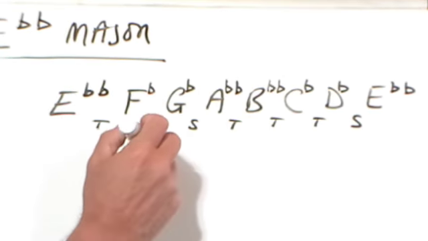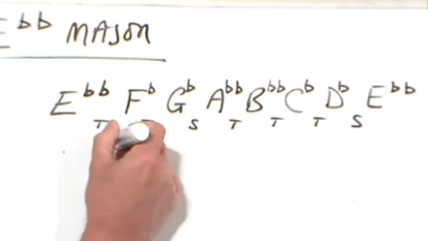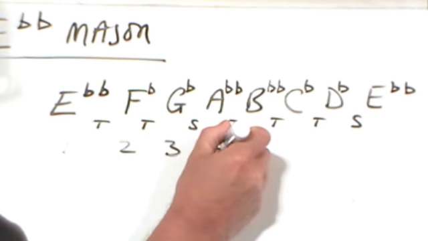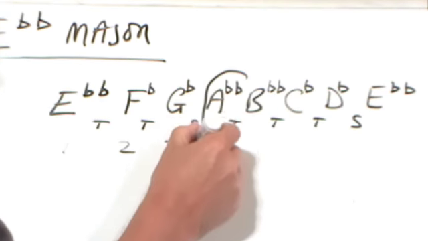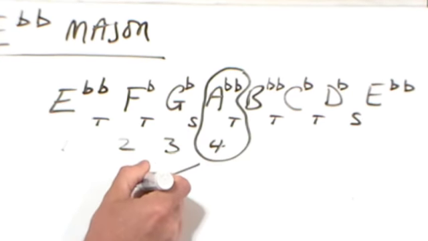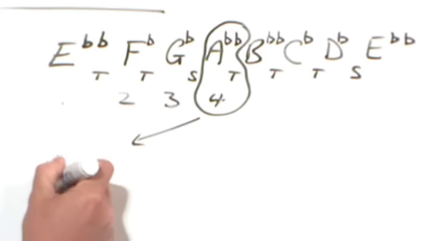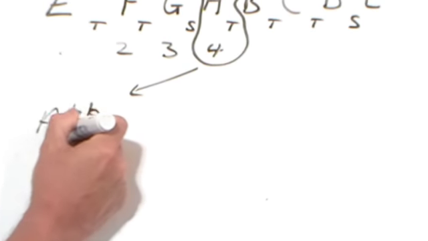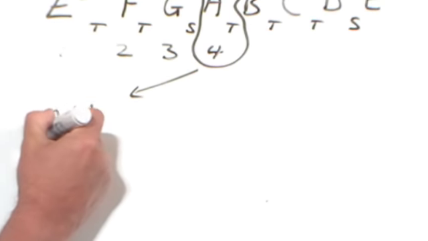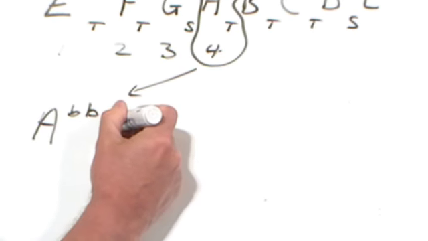So let's push on round the circle. We take the 4th note in E double flat and we come to A double flat. Bring that one down, make that our next key. Apply the same process. A double flat's our key. Put the rest of the letter names in.